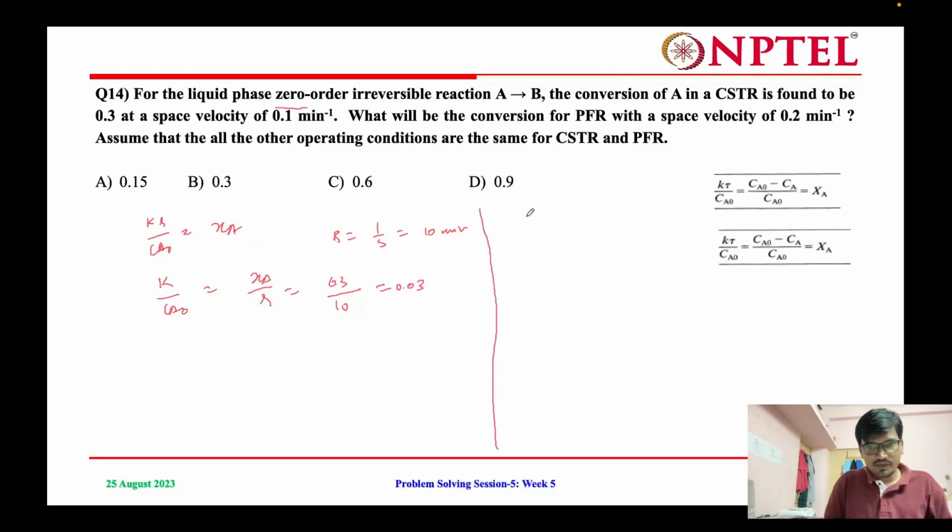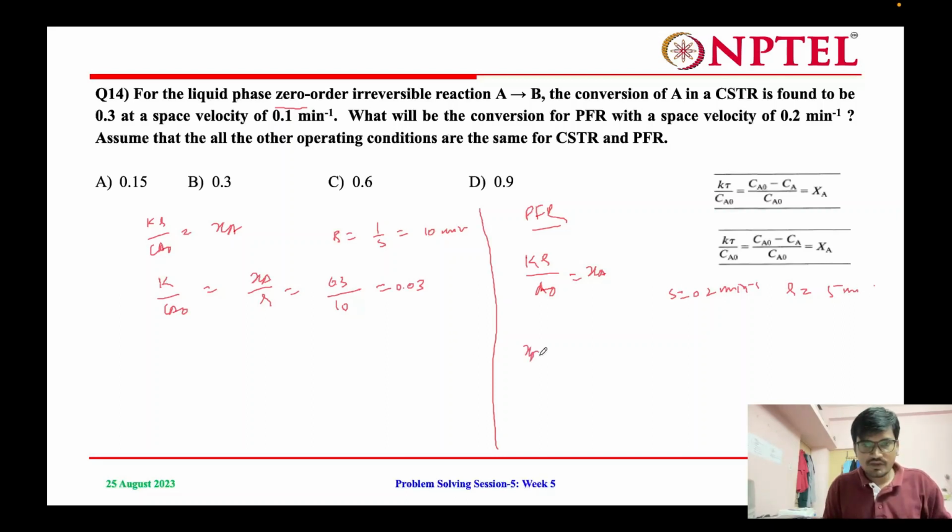Now check for the PFR to calculate the conversion. The performance equation for PFR for zero order kinetics is k tau by C naught equal to XA. Here the space velocity of 0.2 minute inverse is given, so tau is equal to 5 minutes.